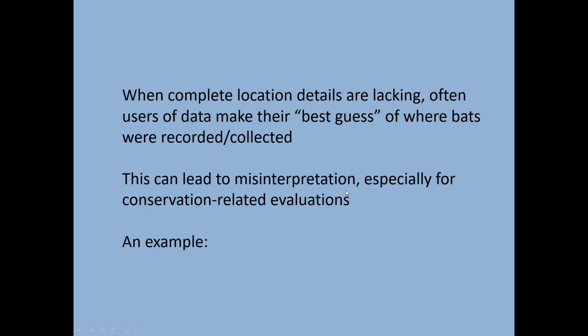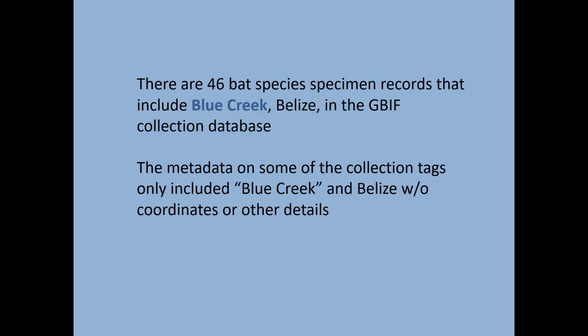This can lead to many misinterpretations, and for conservation, this is really important. As an example, there are 46 bat species specimen records that are museum collection records that include a location called Blue Creek within Belize. The metadata on some of these did not include detail. It only included Blue Creek and, of course, the country Belize, without coordinates or other details.